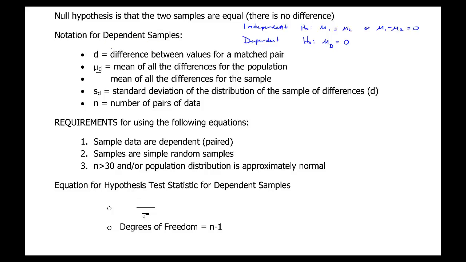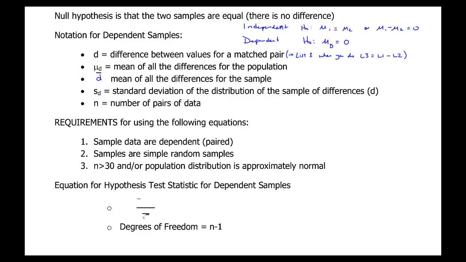Okay. So here's our notation. D is the difference between the values for a matched pair. So that would end up in list 3 when you do list 3 equals list 1 minus list 2. So the list that you end up with in list 3 is a list of the differences, which are D. We have mu D, which is the mean of the differences for the population.